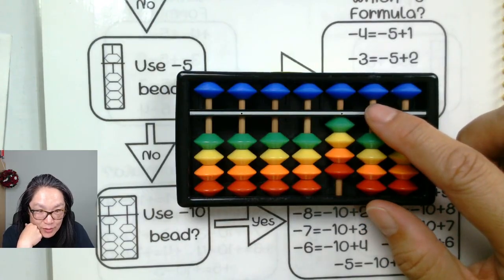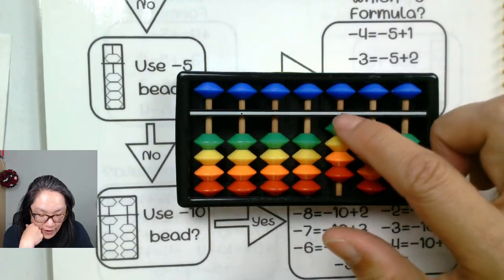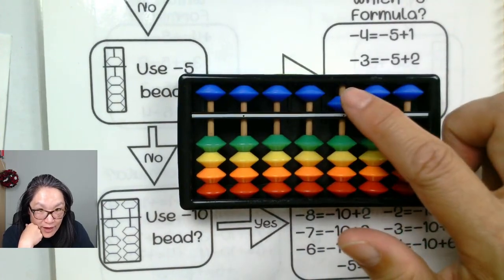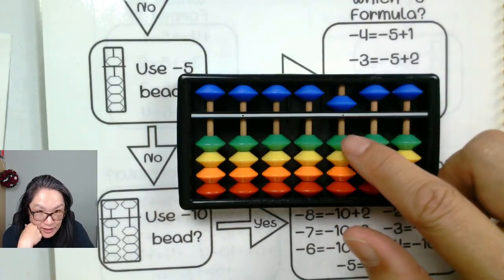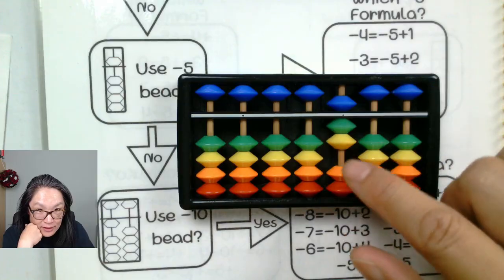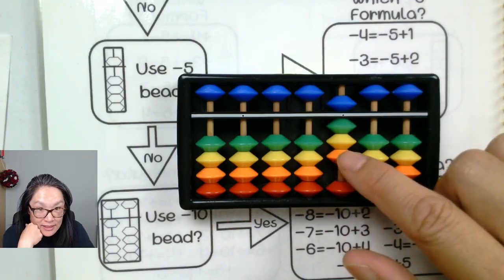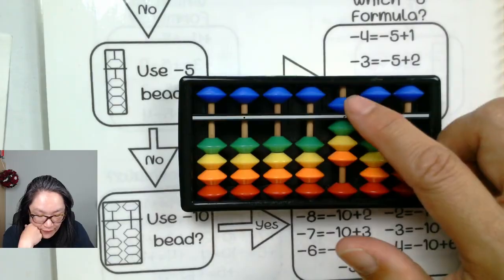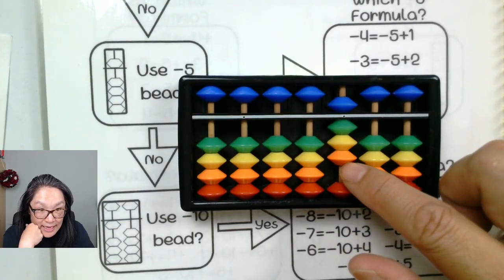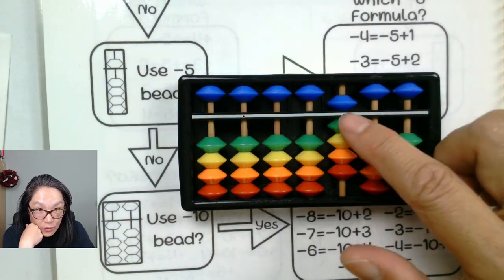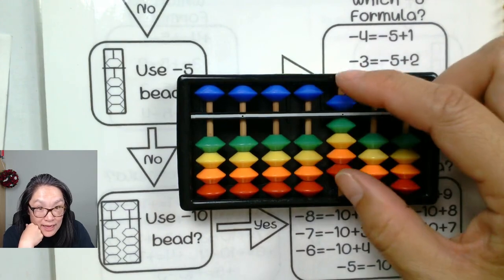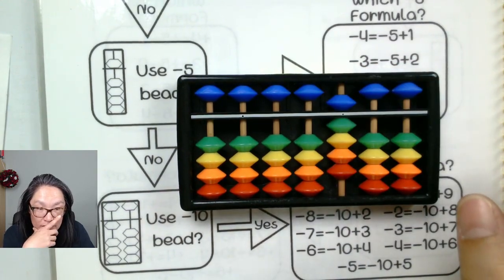Does that make sense, Toby? So when we do 4, what's 5? 5 is up here. The 5 will always be the value of 5. The 5 is the top bead. 5, 6, 7, 8. That's 8. 5 plus 3 is 8. And then 9. 5 plus 4. Now we have 9. Toby, does that make sense?